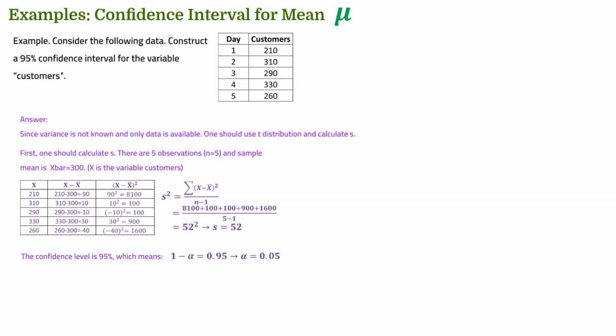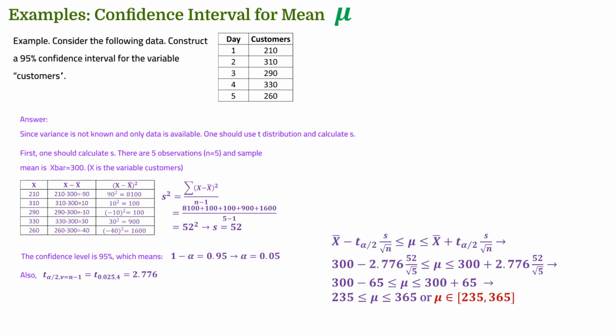The confidence level is 95%, which means 1 minus alpha is 0.95 and alpha is 0.05. Also, t alpha divided by 2 and nu is equal to t of 0.025 and nu is equal to 4. If you use software, it will be 2.776.